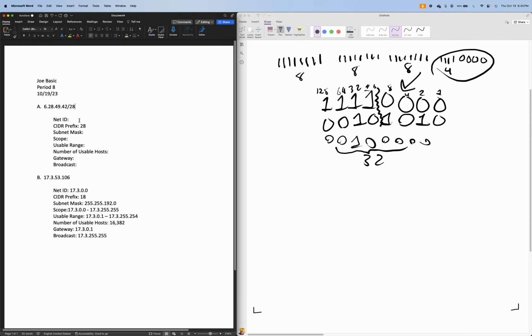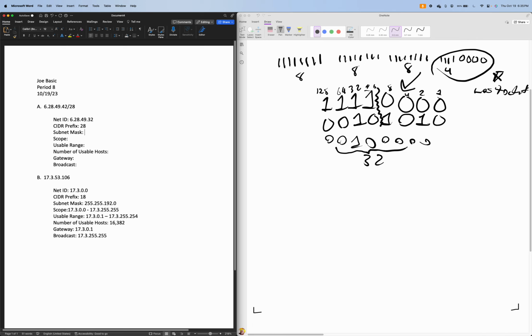So for the net ID, in the last octet, you change the last octet in the IP address to the number that you got, so .32.